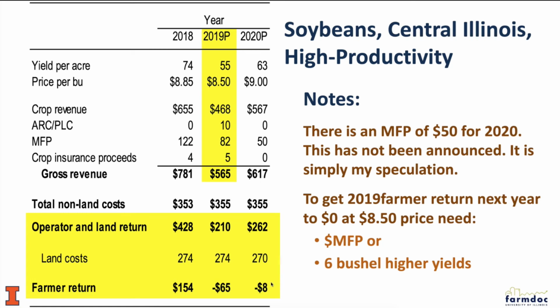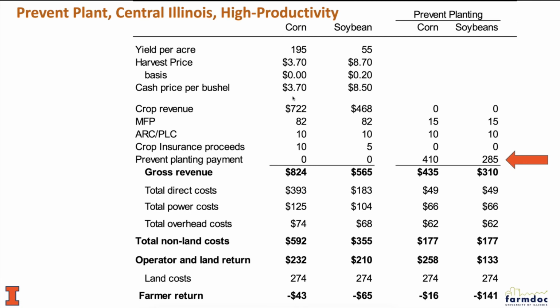To get us close to 0, we either have to have an MFP payment of $58, or this yield here, 63, has to go 6 bushels up or close to 70. So overall, we're looking at lower incomes here for 2019, and also given those numbers, a pretty low 2020 year.